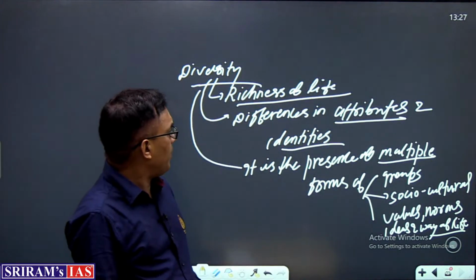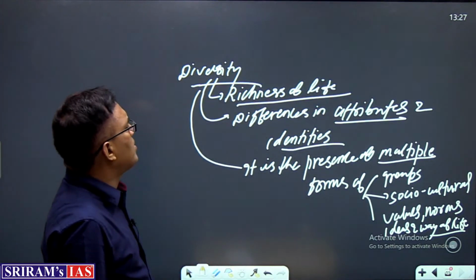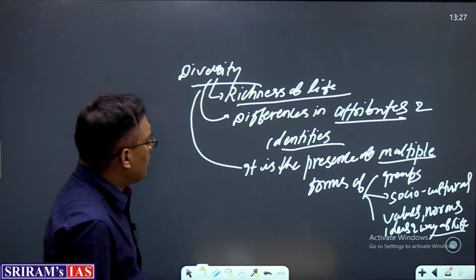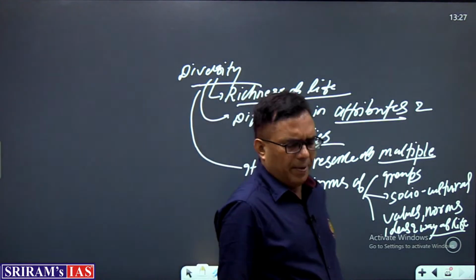So diversity is basically the richness of our socio-cultural life. It is found in terms of differences of attributes.